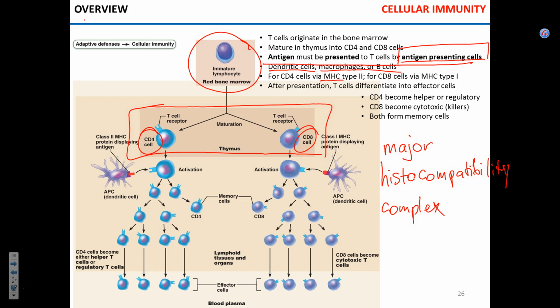Our tissues are not compatible. That's really important during transplantation. People can be very compatible, with very similar major histocompatibility complex molecules, so you can transplant between them. Or people can be non-compatible, very different. Am I clear?